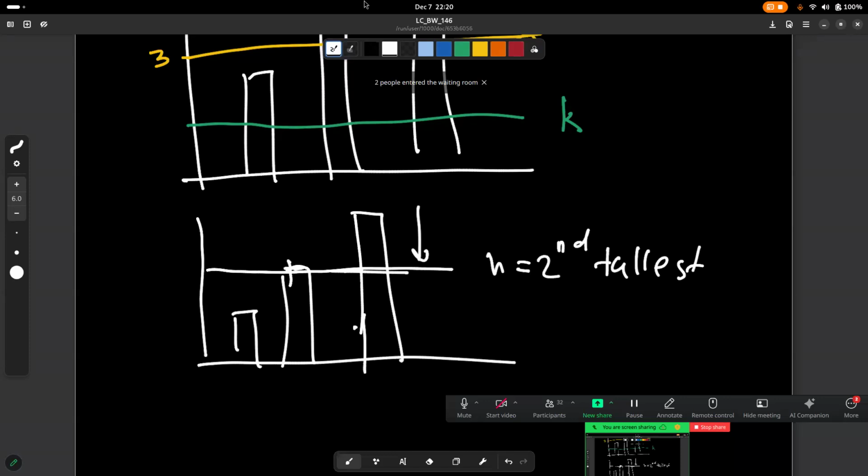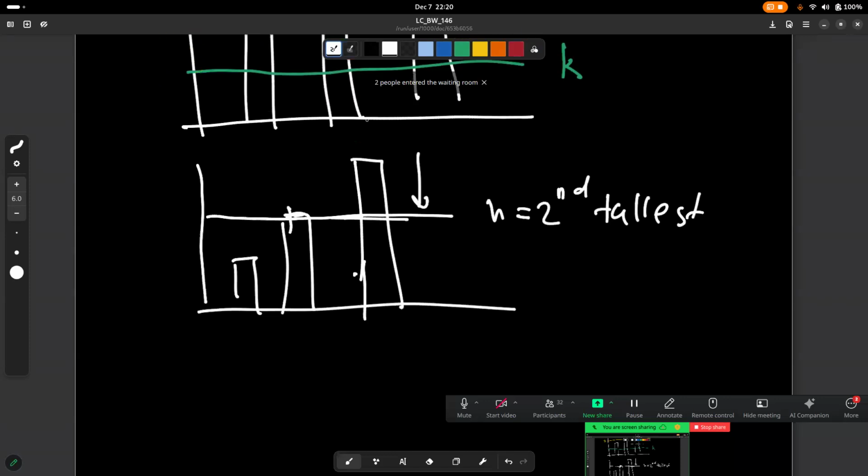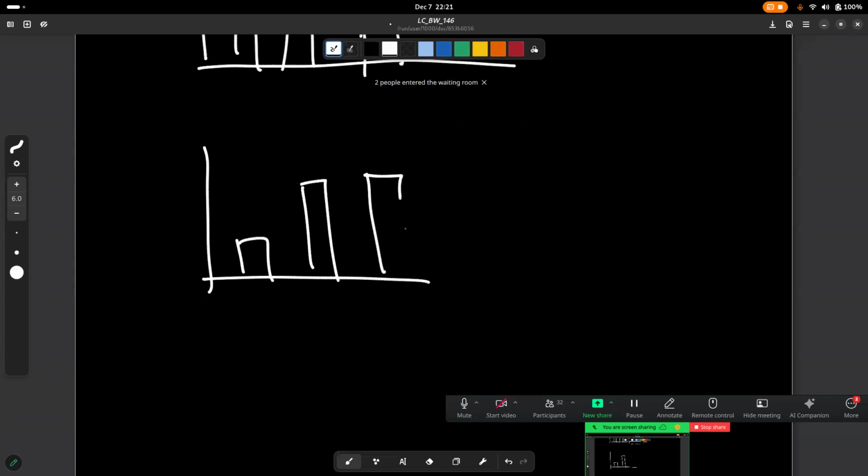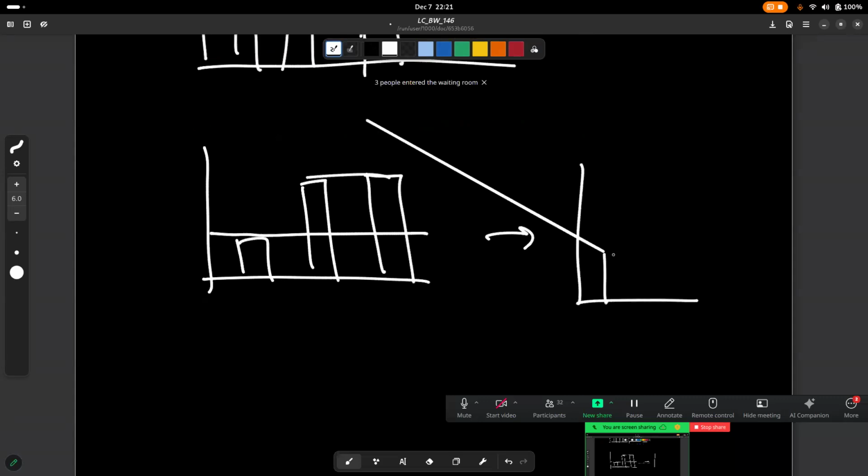After this operation, this is my smallest, this is my second tallest, and my tallest has been converted to the second tallest too. Then I repeat this process all the way up to my smallest element. When I get to my smallest element, all my columns are of the same size.